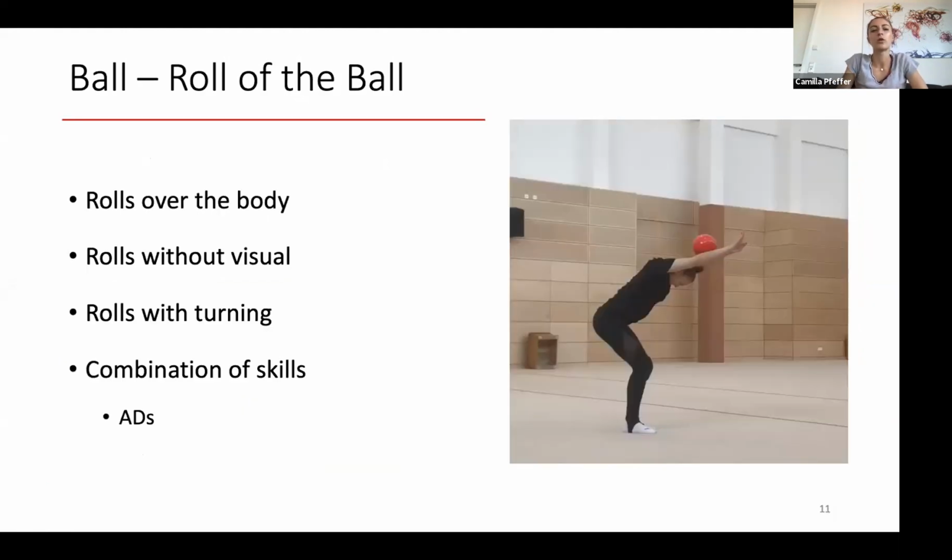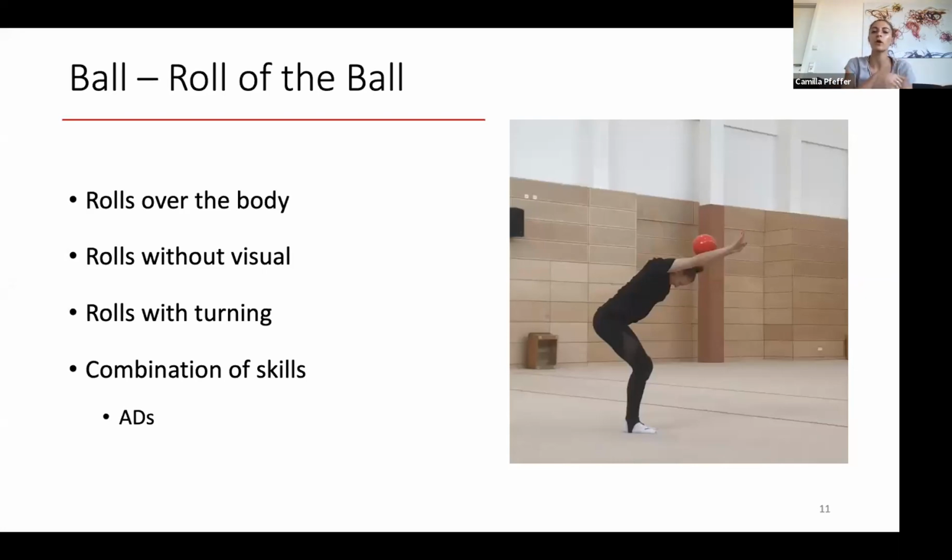There are also rolls over the body or without visual, of course, with turning, and even with jumps you can roll, which is most difficult, but you can also create an AD from that. If you can roll softly in a jump, then you've learned the roll, I can tell you. But of course, it's the most difficult skill of all.